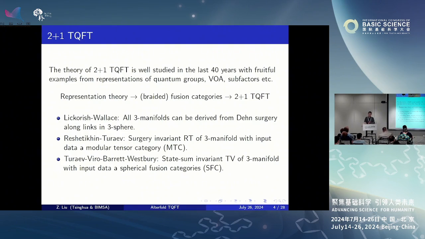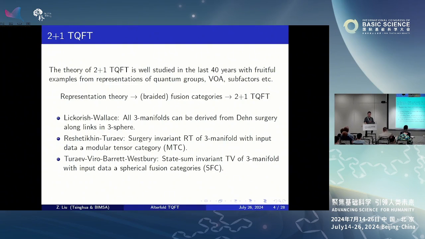There is a problem that the path integral is not mathematically well defined, but from that construction, we can axiomatize all the structures. And then from the representation theory of quantum groups, we can make it more rigorous.